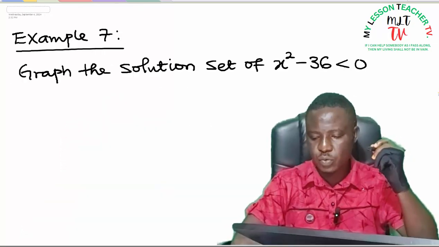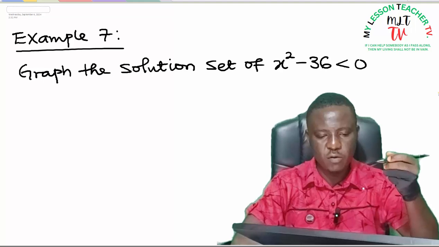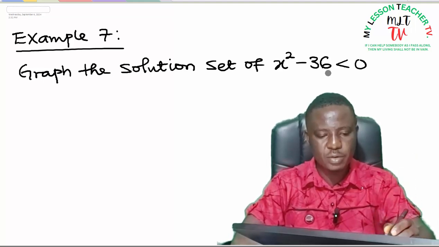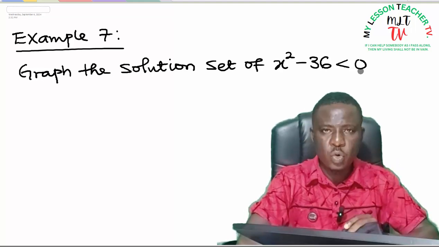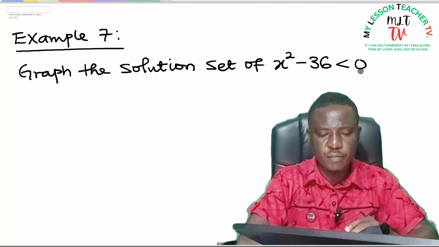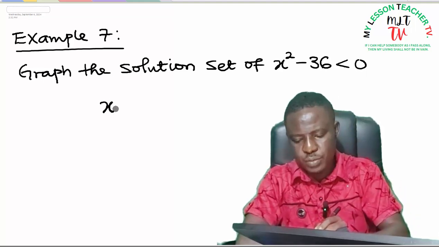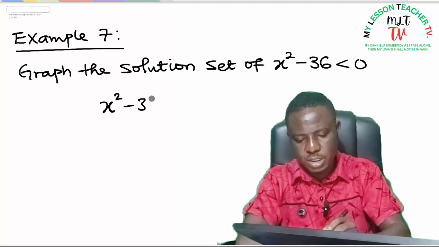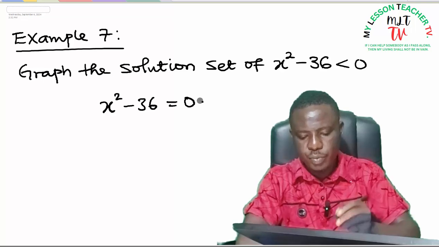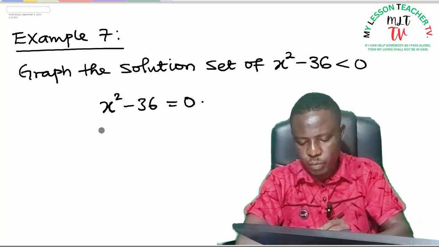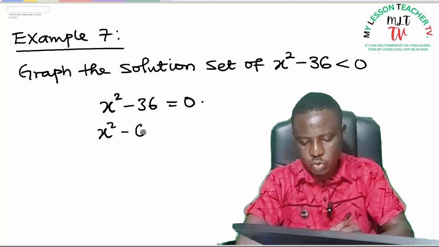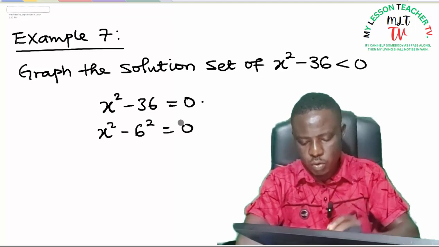Example 7 says we should graph the solution set of x squared minus 36 is less than 0. So we shall look for the zeros of the inequality. So we have x squared minus 36 is equal to 0. Now this gives us a difference of two squares, where x squared minus 6 squared is equal to 0.